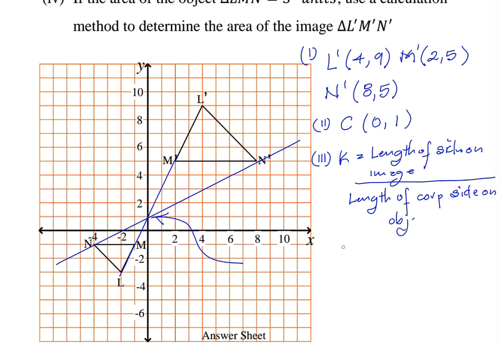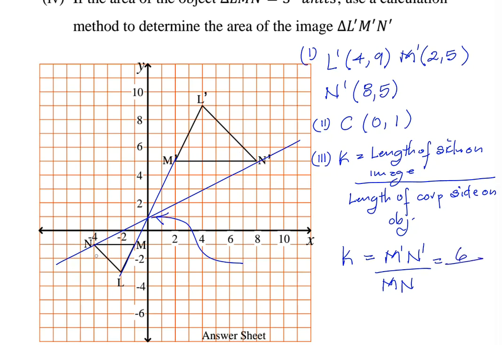In other words, I could say that K would be equal to M prime N prime over MN. From here, we can see that M prime N prime is 1, 2, 3, 4, 5, 6 units. So this is 6.